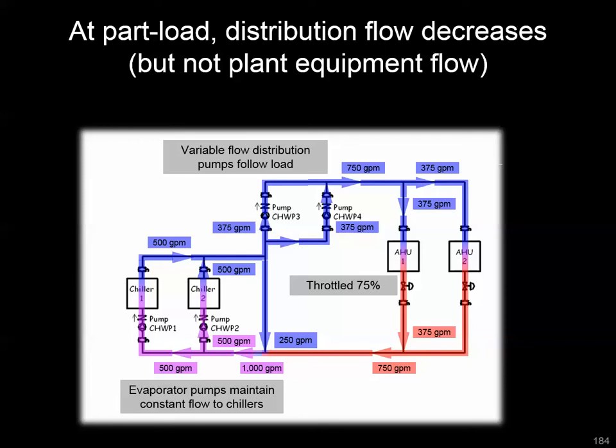But the plant is still getting the flow that it requires because of the bypass. That decoupler is going to be a short, fat piece of pipe, might be 10 inches long, very wide diameter relative to the rest of the loop, and that's essentially a zero pressure drop. So when those chillers need flow, they're going to get it in a recirculation loop right at the plant.